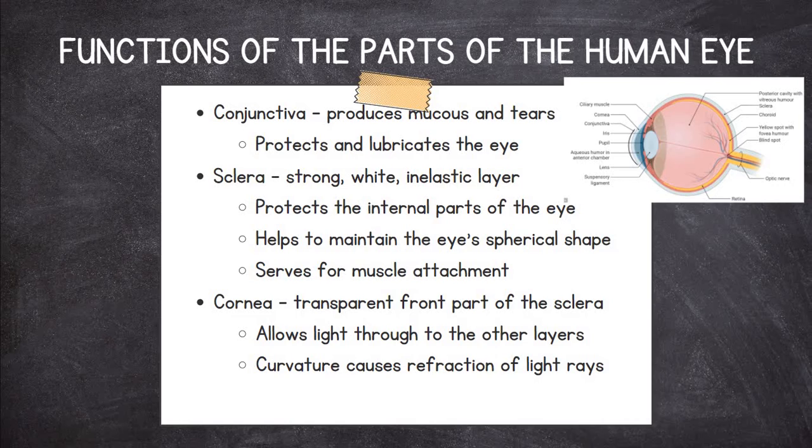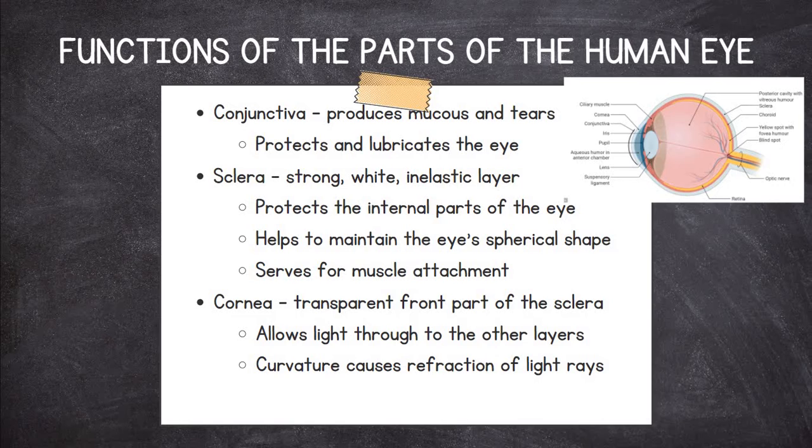If you were to look in a mirror, that is the white part of your eye. And its function is to protect the internal part of the eye, and it helps to maintain the eye's spherical shape. In other words, it helps to keep the eye in its rounded shape. And then it also serves for muscle attachment. So you can see here that these muscles, they connect to this sclera.